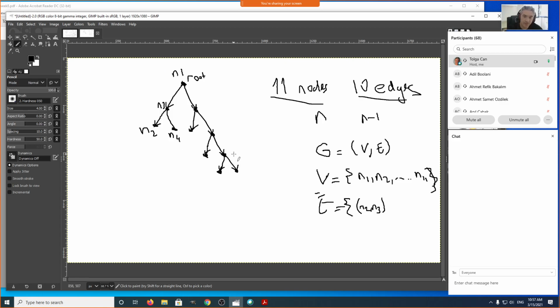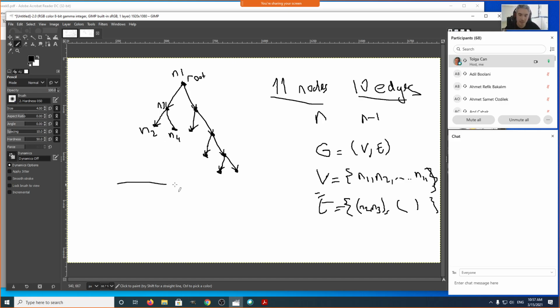So this is basically a tree, but usually we don't have these directions. These will be just tuples of nodes, and there will be exactly 10 tuples here. So this is going to be our tree. And in a binary tree, there will be at most 2 outgoing edges in a given node.